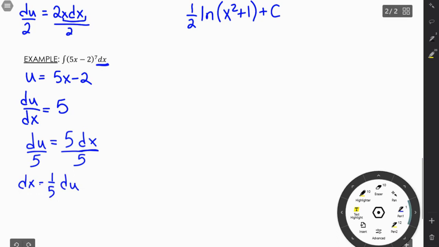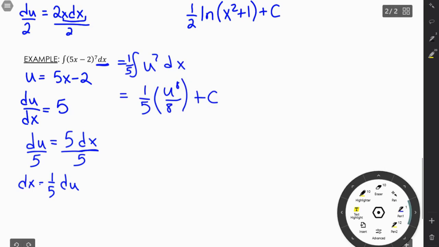So now when I rewrite this integral, I'm going to say 1/5 u to the 7th du. Now I can do my 1/5, u to the 8th over 8 plus c. Well, 5 times 8 is 40, so it ends up being u to the 8th over 40 plus c.